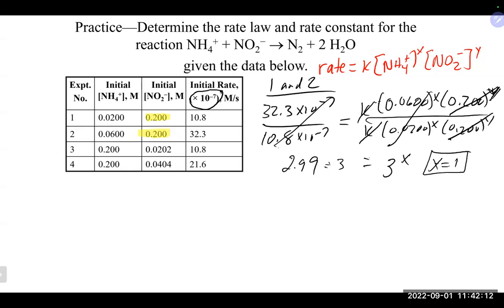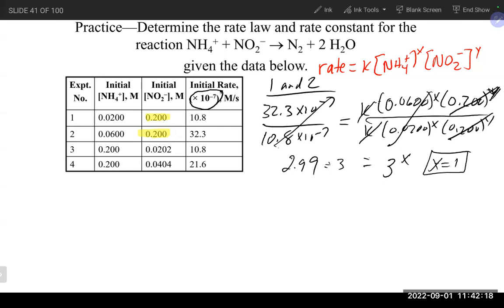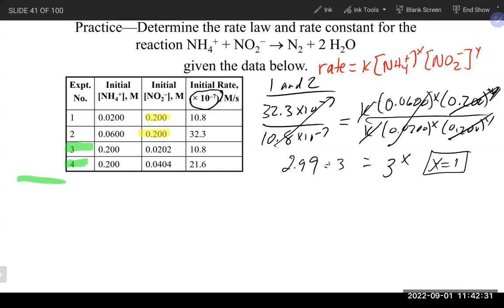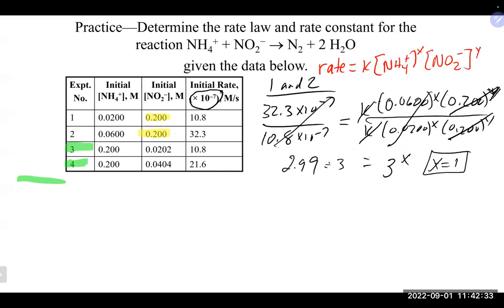Going now to vary our other concentration and keep the NH4 plus constant. It looks like we could do that by taking experiments 3 and 4. So if we take experiments 3 and 4, I'm going to put experiment 4 up on top.